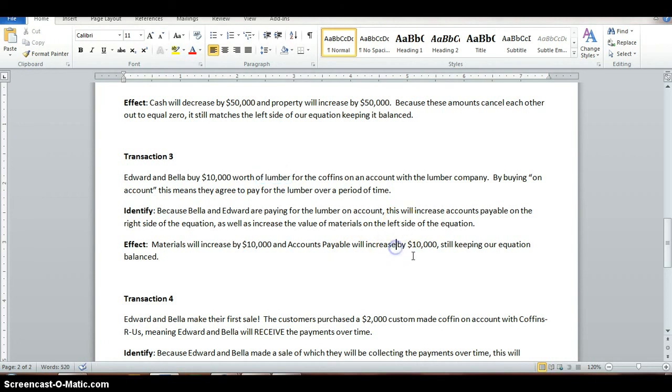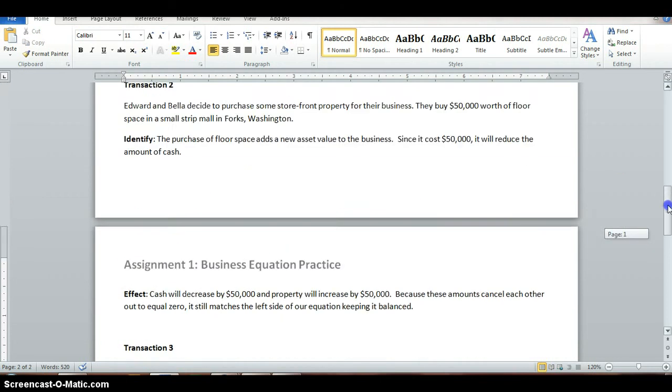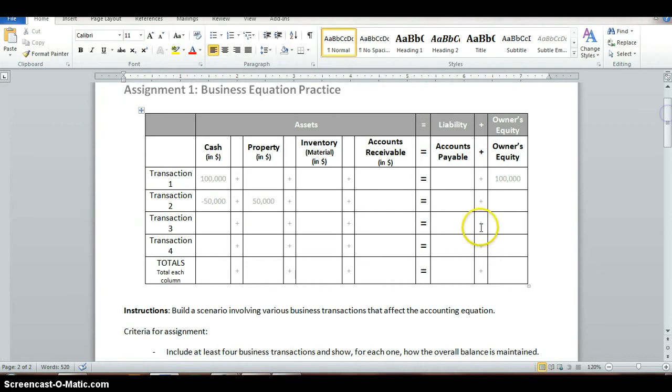Each will increase by $10,000. So we go back up to our table, and our material is going to increase 10,000, and our accounts payable is going to increase 10,000.